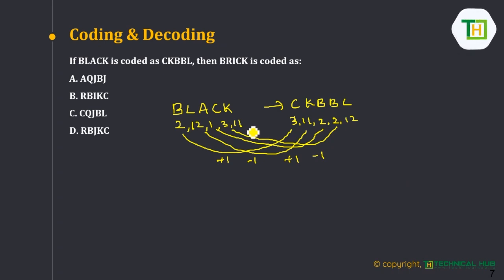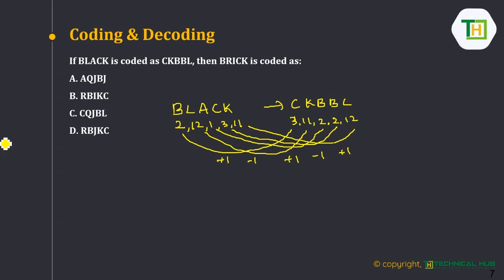And K is changed to L, means 11 is changed to 12, means adding 1. If you observe the logic clearly, +1, -1, +1, -1, +1, -1, and so on, means +1, -1 is repeated. Means given the problem, the logic is +1 and -1.